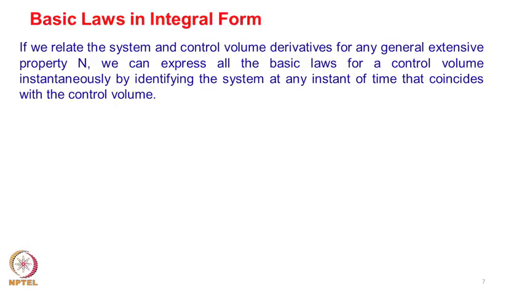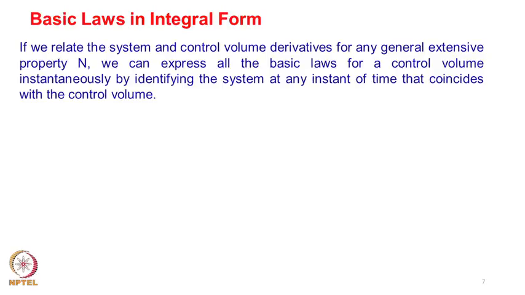To get an integral form, we can relate the system and control volume derivatives for any general extensive property N. Then one can get all basic laws by instantaneously identifying the system that coincides with the control volume. This is what is known as the Reynolds transport theorem.